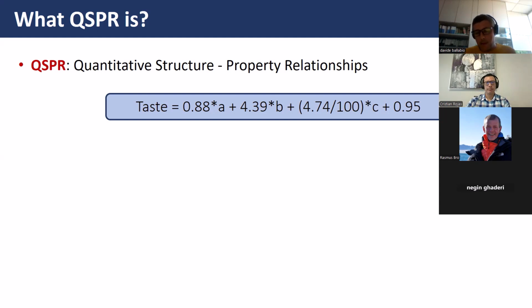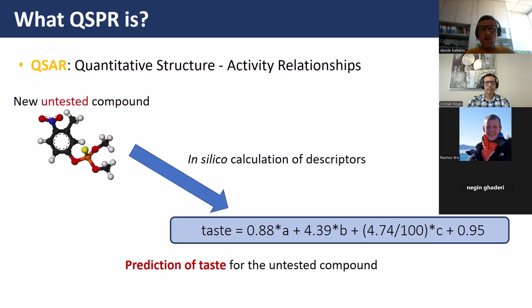Taste is the property we want to predict. So if we are lucky, maybe we can establish, as in this slide, a linear relationship between the property, the taste, and our molecular descriptors. And then we get a new molecule. We can get A, B, and C, the molecular descriptors, and we can predict the taste for this new molecule. So this is the idea of QSAR or QSPR, as you want to call these methods: quantitative structure activity or property relationship.